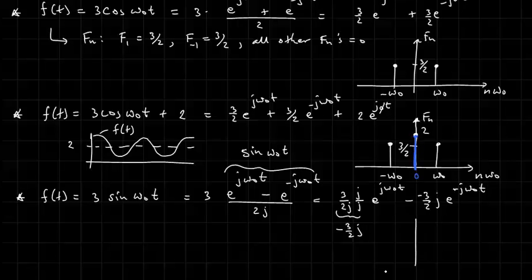So the spectrum there: at omega naught it's going to be minus 3 halves j, and at minus omega naught, it'll be plus 3 halves j.